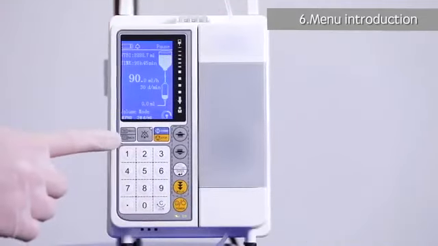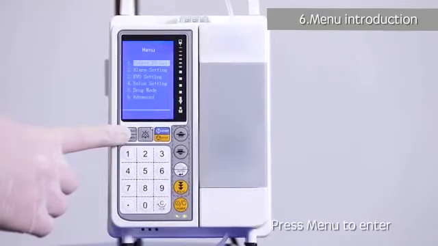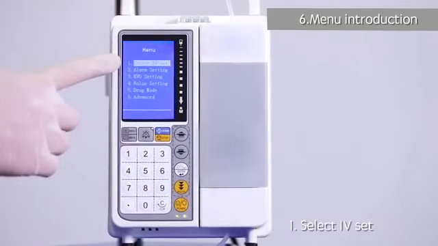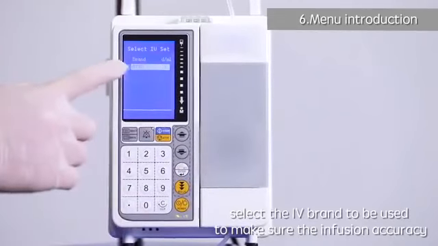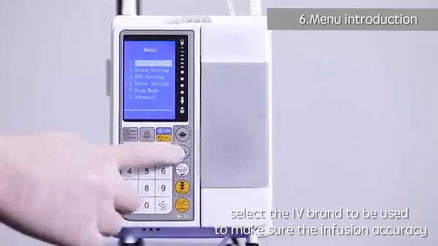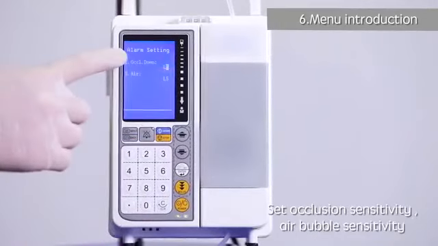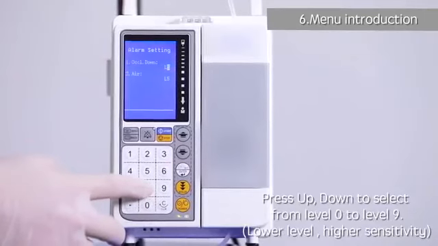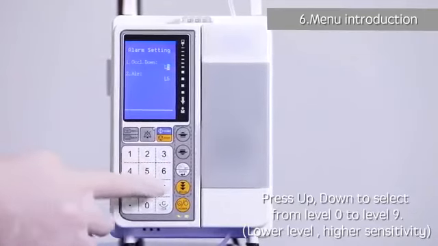6. Menu introduction. Press menu to enter. 1. Select Ivysat. Select the IV brand to be used to measure the infusion accuracy. 2. Alarm setting. Set occlusion sensitivity and air bubble sensitivity. Press Up, Down to select from level 0 to level 9.